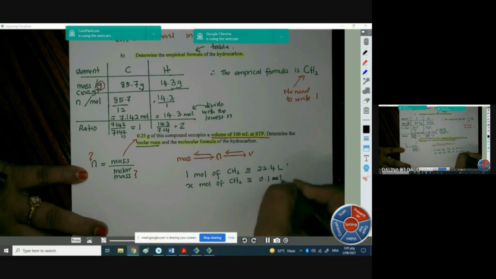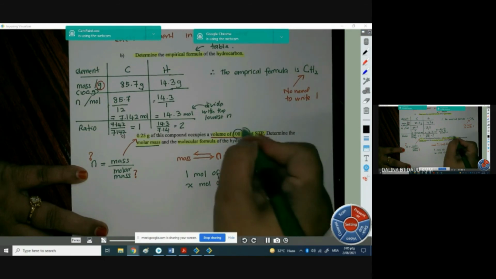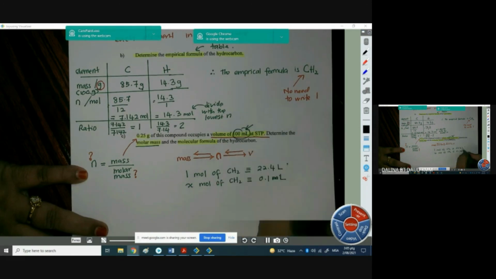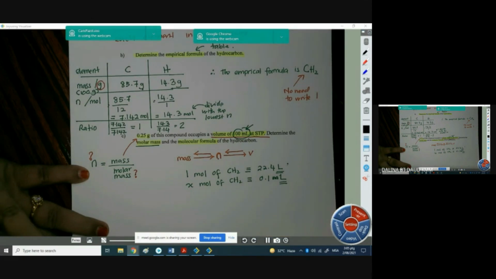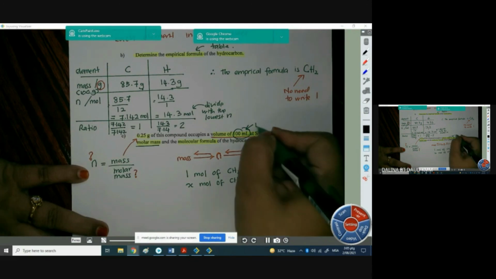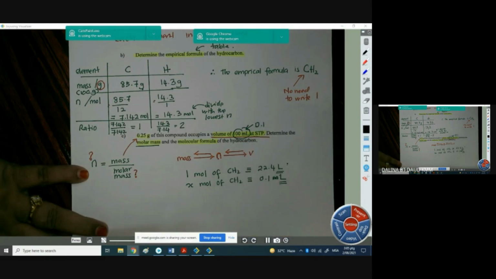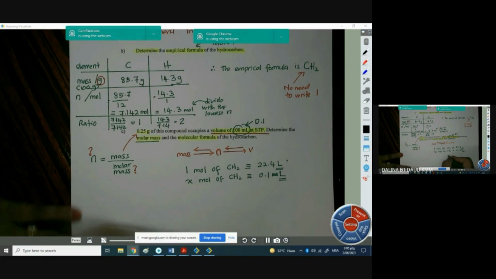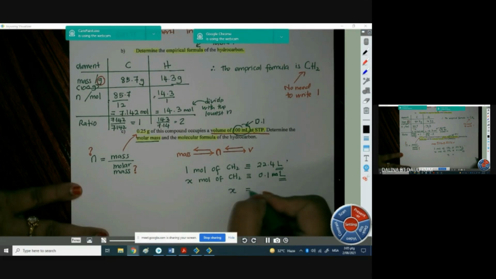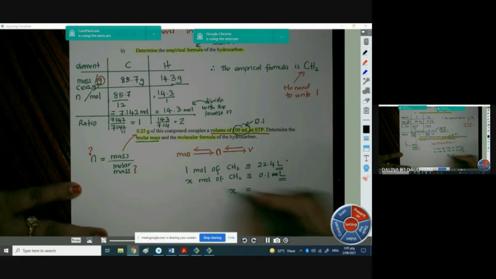Mana saya dapat 0.1 tu? Daripada sini. Because kita nak samakan unit. Make sure you samakan unit semasa mengira. So 100 ml divide 1000, you will get 0.1. Okay. So X, darab silang, cross multiply, you will get 0.1 times 1 over 22.4.